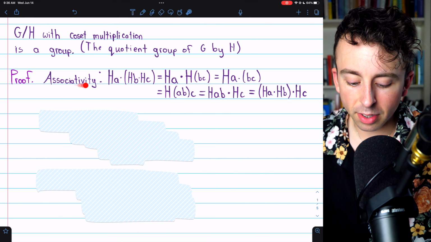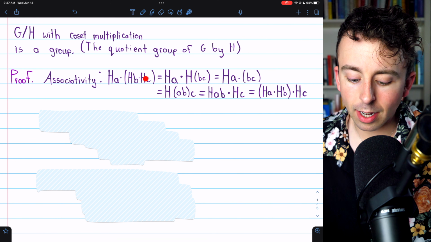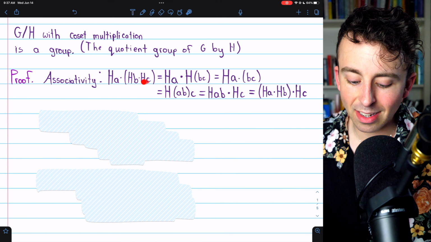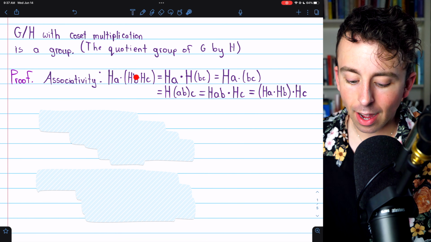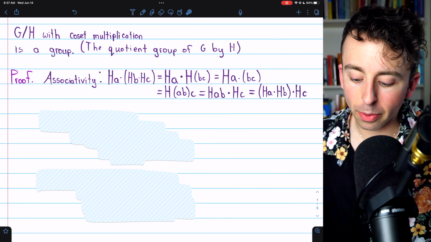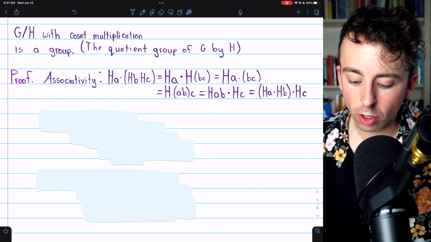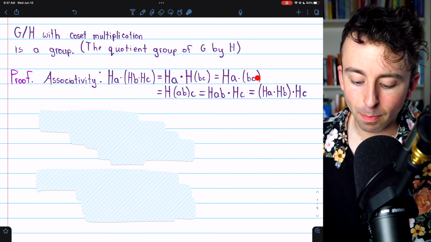For associativity, if we have HA times HB times HC, so these three cosets multiplied together with these two grouped together, by definition, HB times HC is HBC. That's by definition of coset multiplication. But then HA times HBC, by definition, is HA times BC.